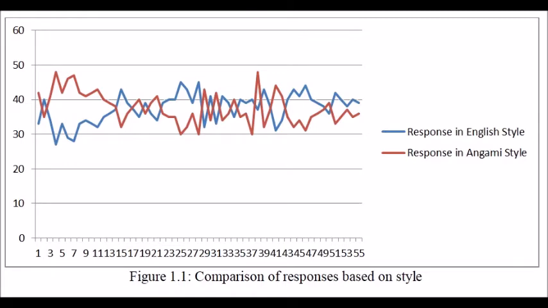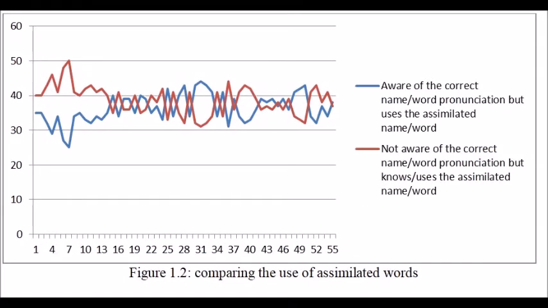Figure 1 shows that the number of responses of the assimilated words in Angami style is higher than the English way. Few words had an almost balanced number of responses. Figure 2 represents an elevated use of assimilated English words and names irrespective of the awareness of the correct name or meaning of specific English words selected for the study.